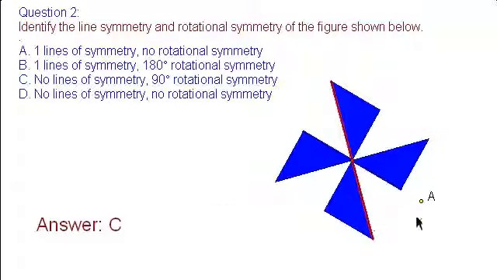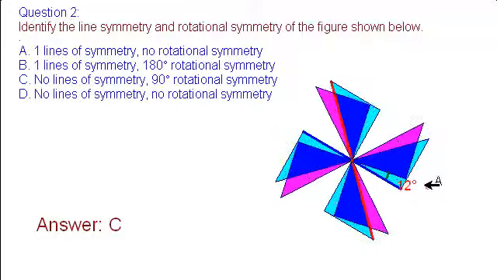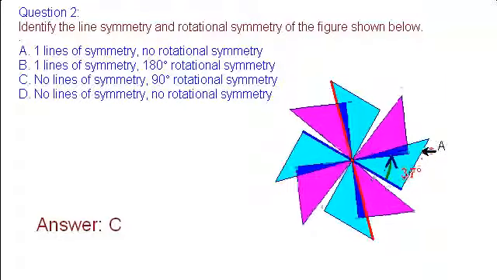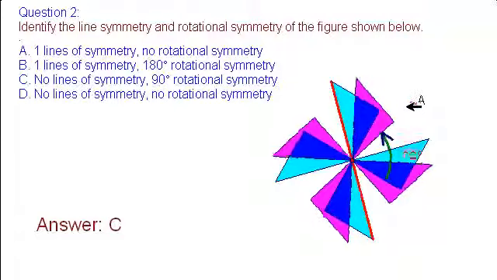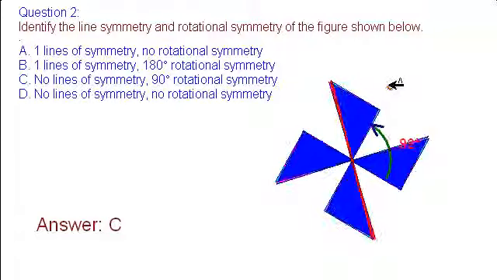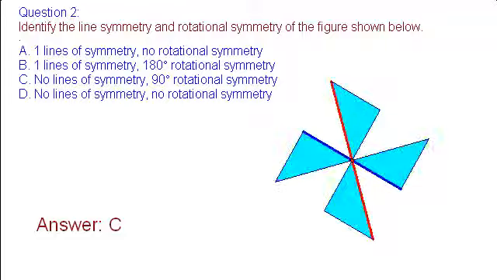Now let us try the rotational symmetry. The rotational symmetry is when the figure, after making a rotation by a number of degrees, sits on top of the original figure, or maps onto itself. So let us see that here.